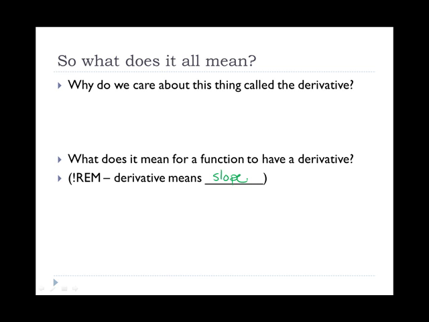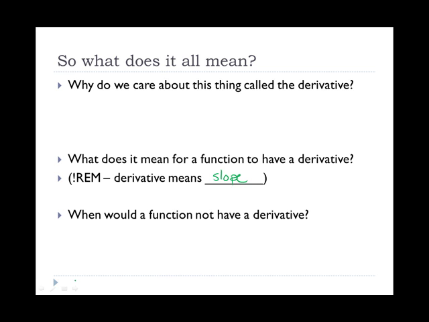Now let's talk about when a function has a derivative and when it does not. So when does something have a slope and when does it not? If we think of a line, we don't have a slope when the line is vertical. The slope is undefined.